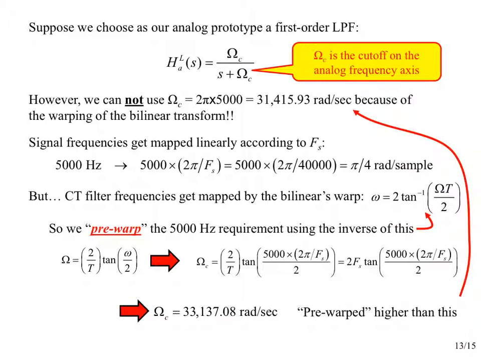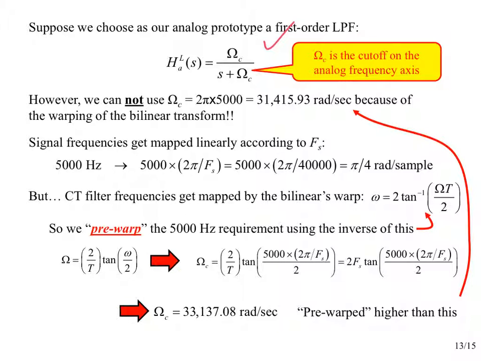We then pick a very simple first order low pass filter. Here's our analog prototype, and we don't know what to pick for omega sub c. That's going to be the cutoff frequency. Now you would think that you'd want to make that consistent with the actual frequency that you want to be filtered. So we said we want this to be equivalent to filtering the analog signal at a cutoff of 5,000 hertz, which would be 31,415 and change radians per second.